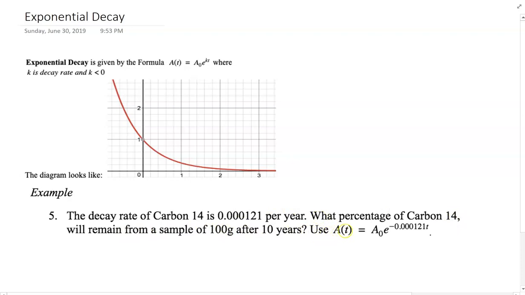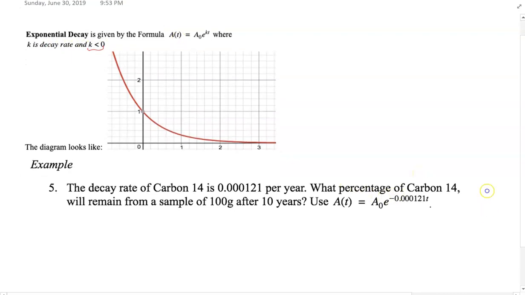And we're using the formula A of t is equal to A sub 0 e to the negative 0.0000121 t. Now, this negative here comes from our decay formula, where we said A of t was equal to A sub 0 e to the kt. But in this case, because k is a decay, then it is less than 0.